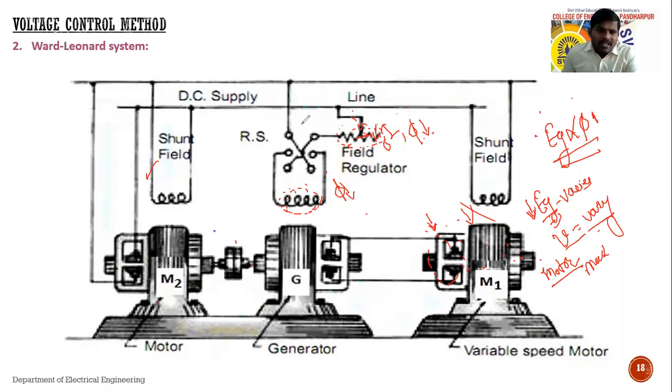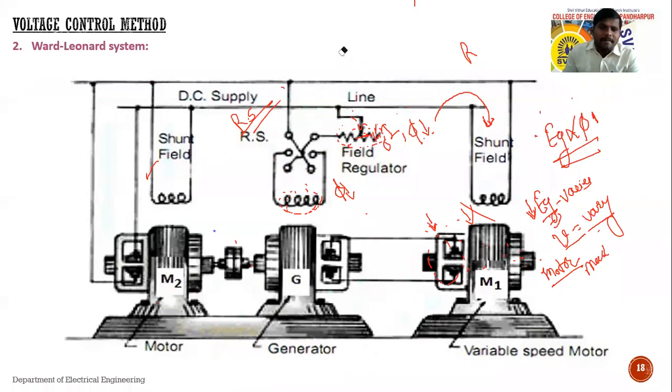Now another device can be used here: a reversing switch. See what is done here: an RS switch, or we can call it a reversing switch, is used. Suppose initially the motor is running in clockwise direction. Suppose I connect like this: this switch is connected in this direction. Suppose it will be connected like this.